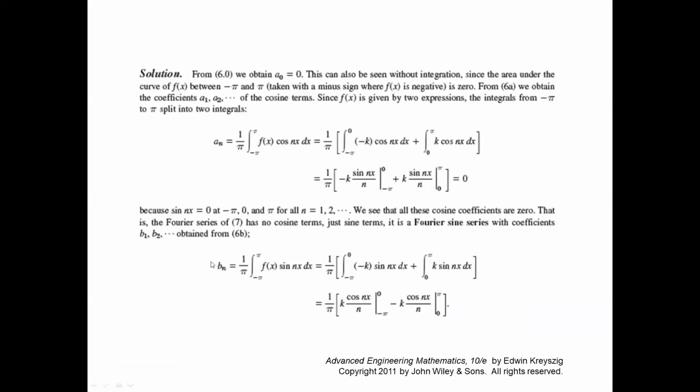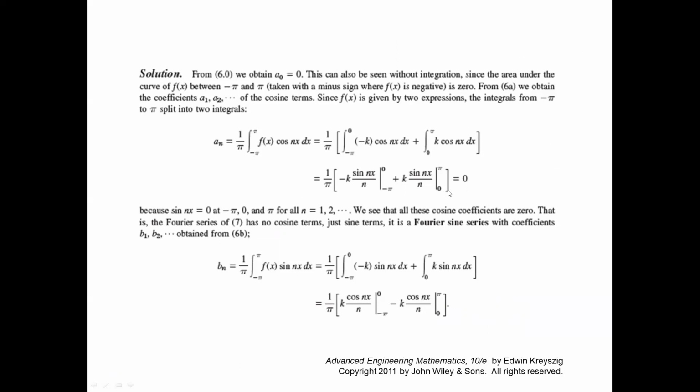And to get An, we use the given formula. Because f is piecewise continuous within this range, we have to break the integral into two integrals. One involves integrating this product from negative pi to 0. The second part, we integrate the product from 0 to pi.